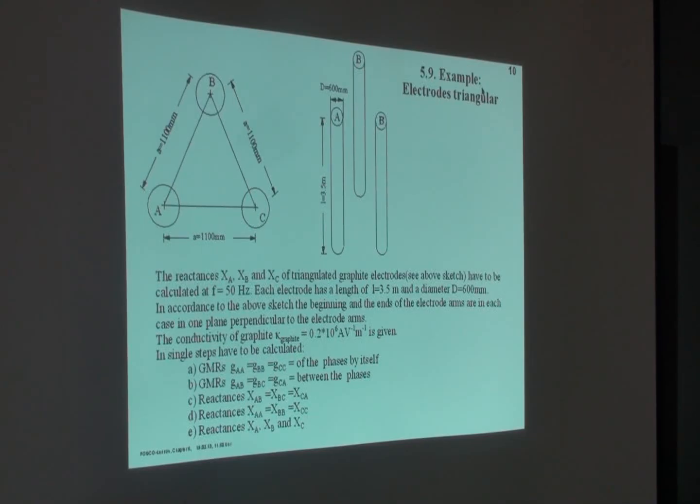We are now at 5.9, the electrodes. But I think that is the position in a furnace which is triangulated, so we can use a simpler formula.